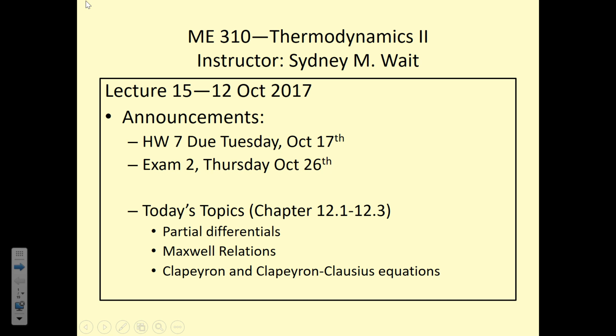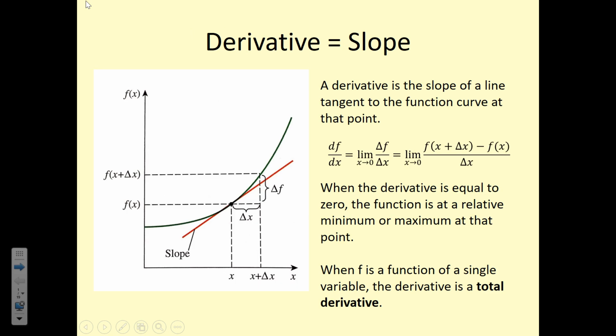As we do these partial differentials, that's kind of what we're doing in mathematical form: changing some of the variables while we're holding other things steady. That allows us to analyze and see trends. As our process undergoes some specific changes, we can determine how that will affect pressure or how that will affect enthalpy, things like that.